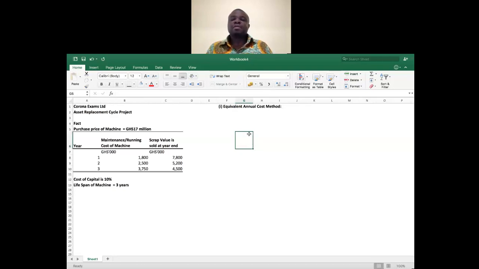The company is considering a 1 year cycle, a 2 year cycle, and a 3 year cycle. You determine the PVs of the cash flows and divide by their annuity factor to arrive at the equivalent annual cost. Are we fine? Yes, sir.